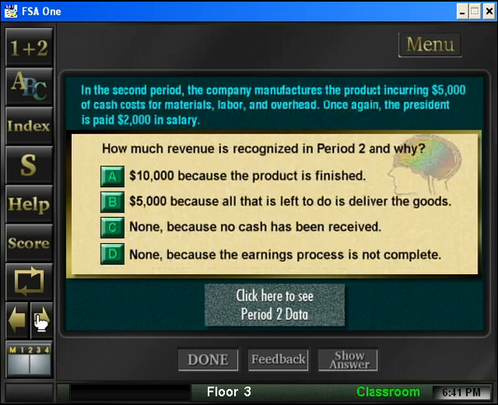In the second period, the company manufactures the product, incurring $5,000 of cash costs for materials, labor, and overhead. Once again, the president is paid $2,000 salary. How much revenue is recognized in period 2, and why?